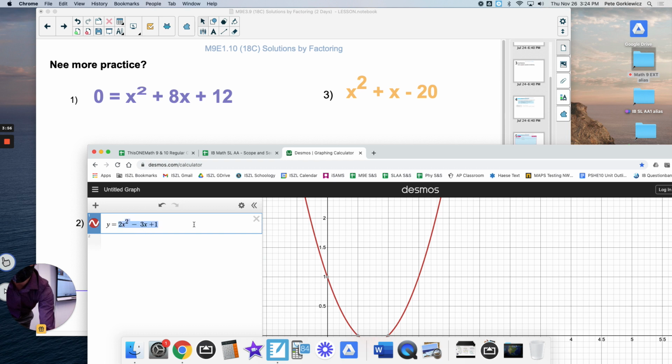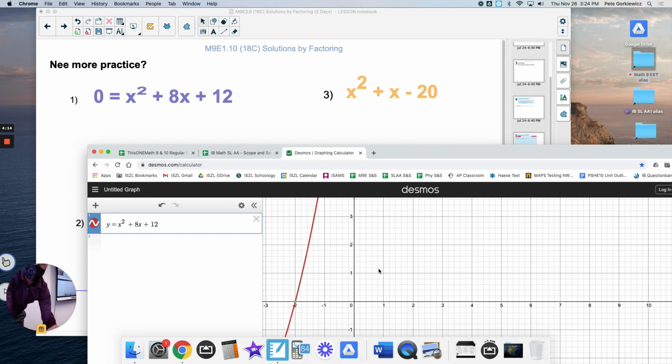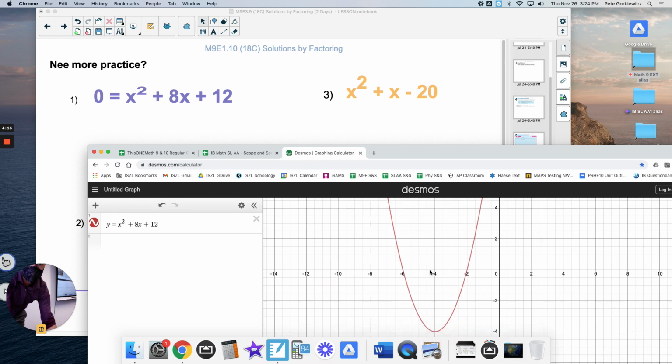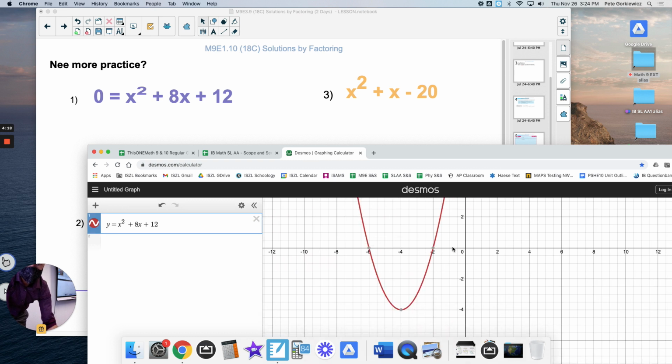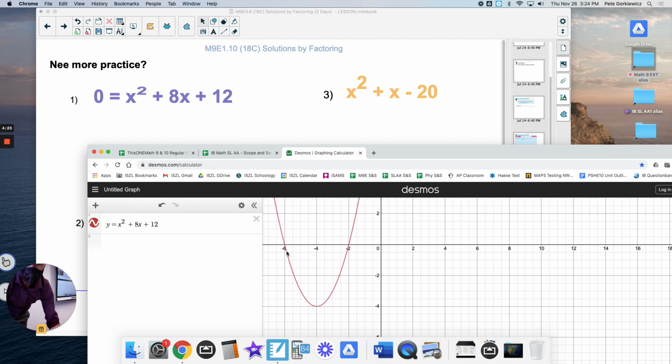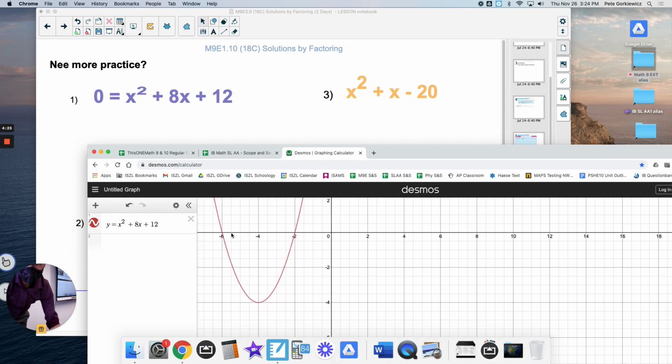Yeah, set them all equal to 0. That one? It's 8.